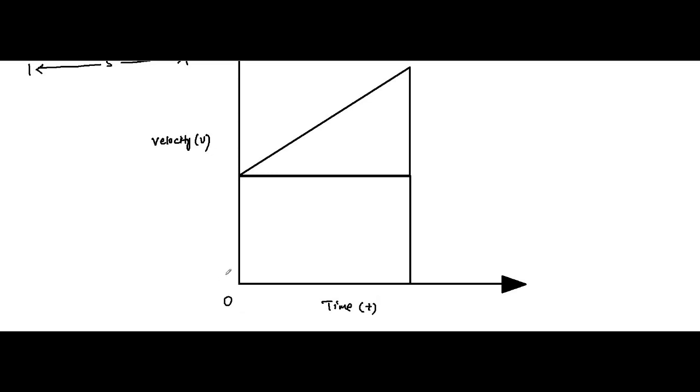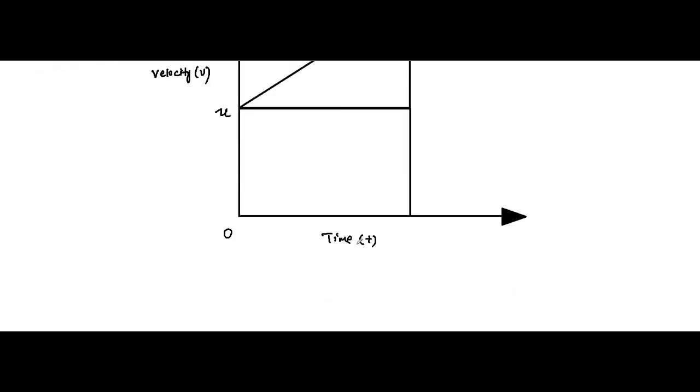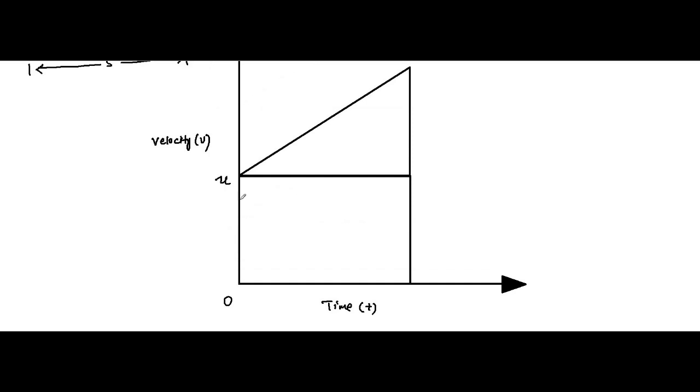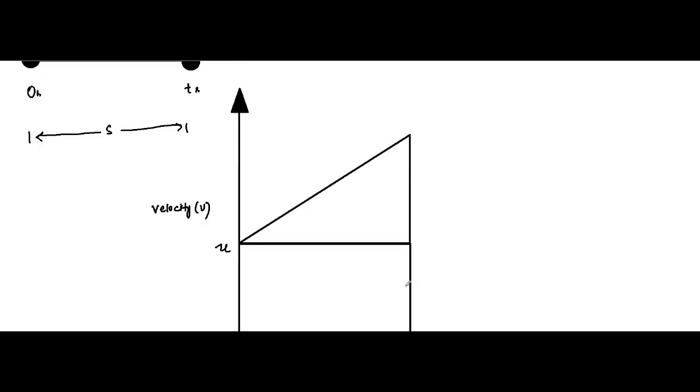So here at time t equals 0, the object has an initial velocity u. This y-axis is the velocity axis, the x-axis is the time axis. So at time t equals 0, it has a velocity u, initial velocity u, and here at a time instant t, it has a velocity v.